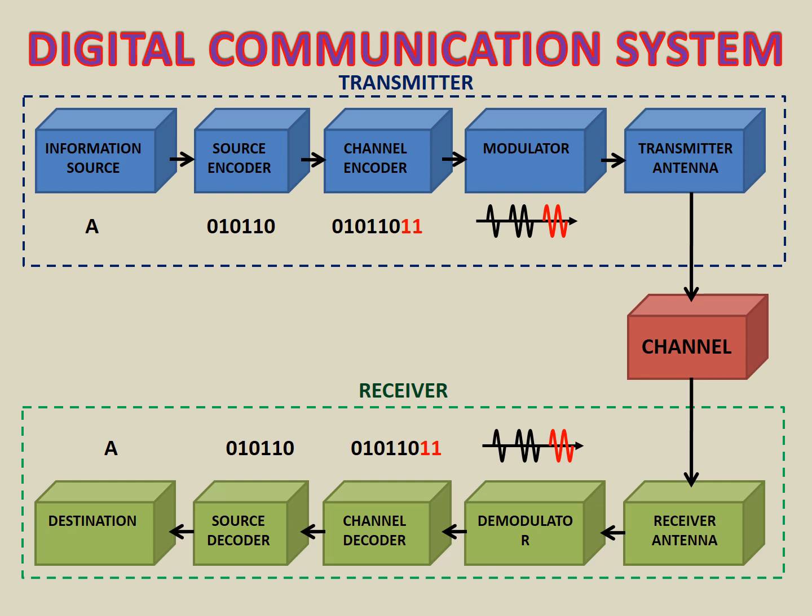And the last one is the destination, which receives the transmitted information as the destination point. This is the digital communication system.